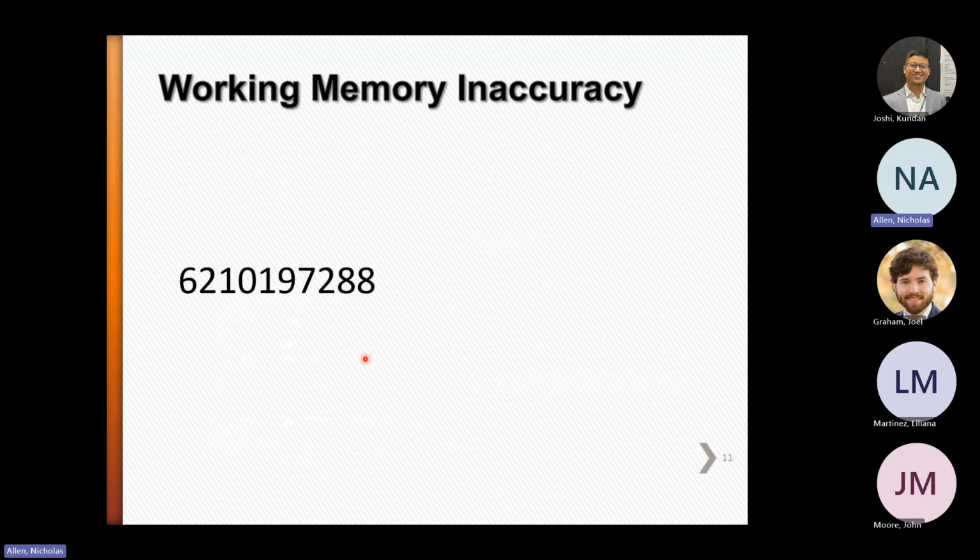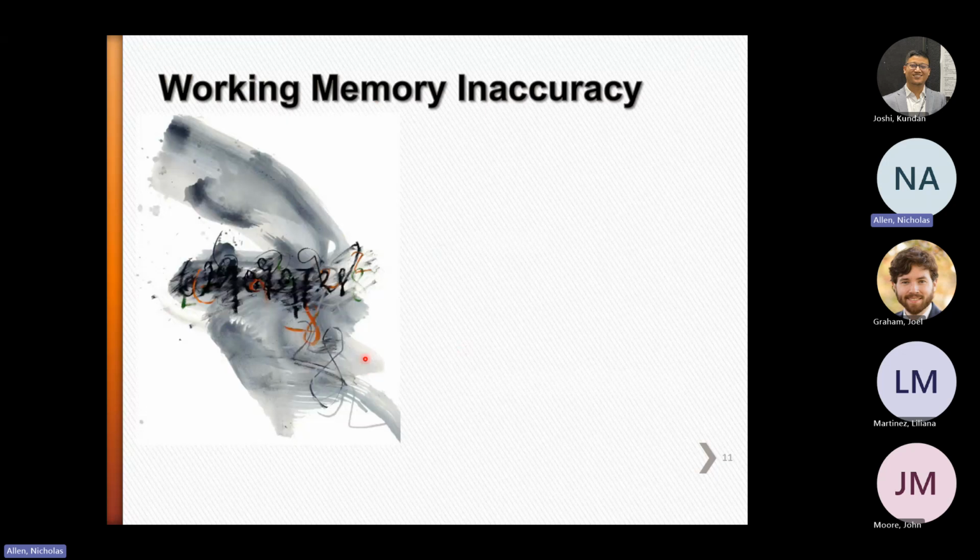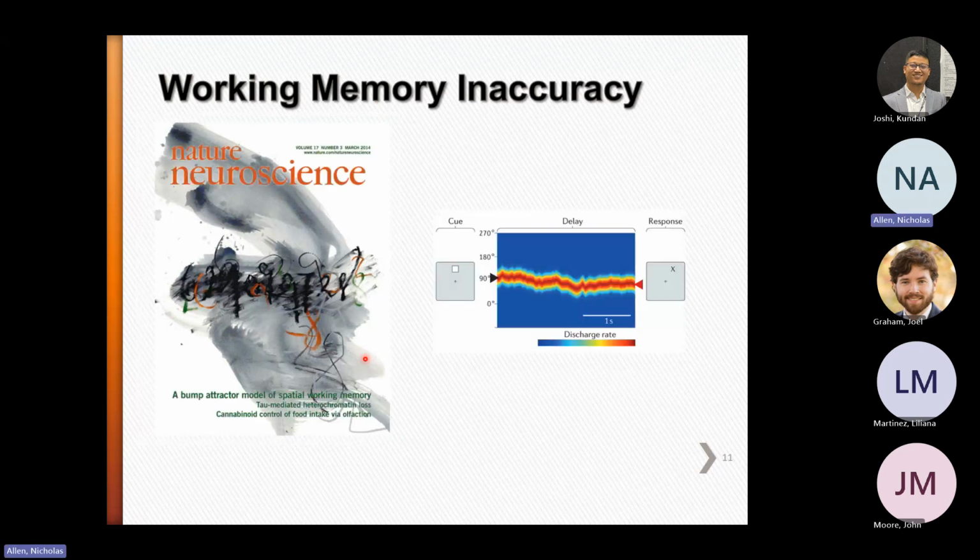We close our eyes. We don't have a crisp image of it, but we have very quickly a smear of this stimulus. That's what we try to capture with our model. Can our model explain why we lose it or make errors?